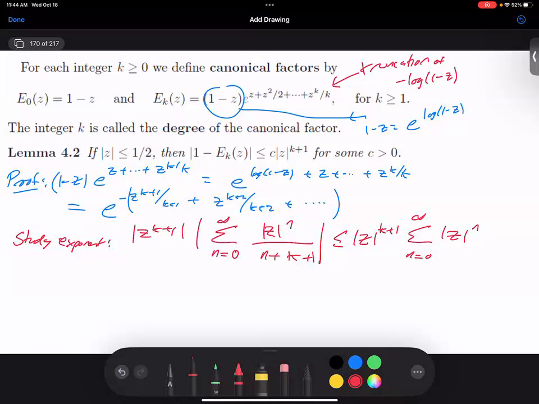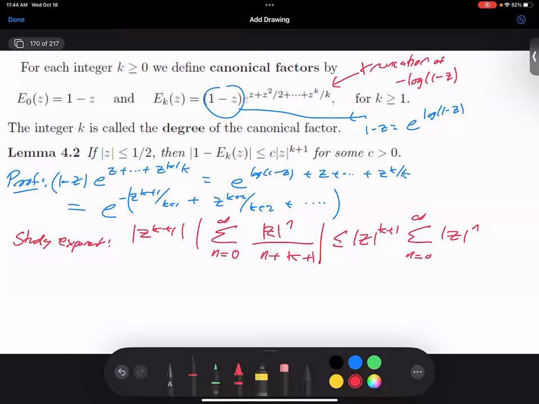But if I was less than 0.999999, that would also work. The actual number doesn't matter, because whenever we use this, we're always going to be using it on a sequence of things that tend to 0. So if they tend to 0, they'll eventually be less than 1/2.